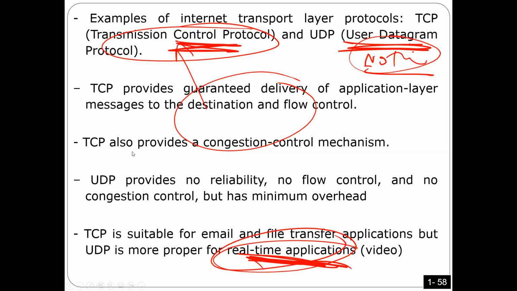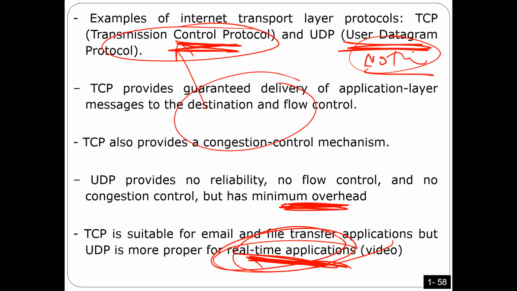The main idea is that it depends on the application. One of them has almost everything: guaranteed delivery, congestion control, flow control. The other one is too simple, but it has minimum overhead. And this is good because in some applications, if you miss some packets, it's much better for me than waiting for retransmission, because waiting makes the service bad.